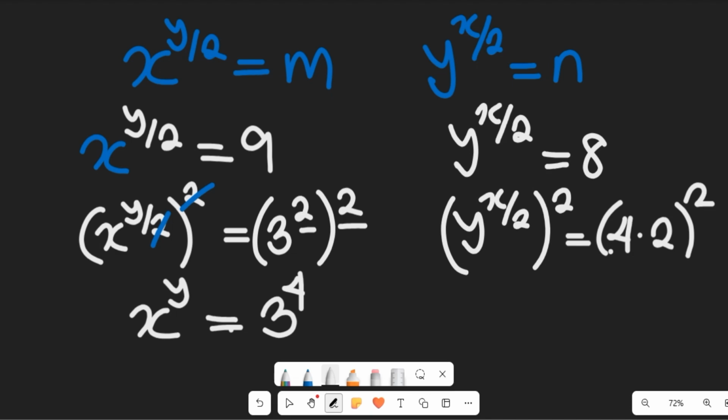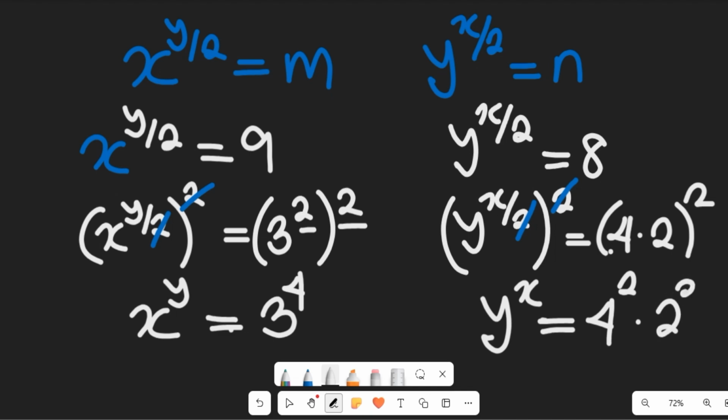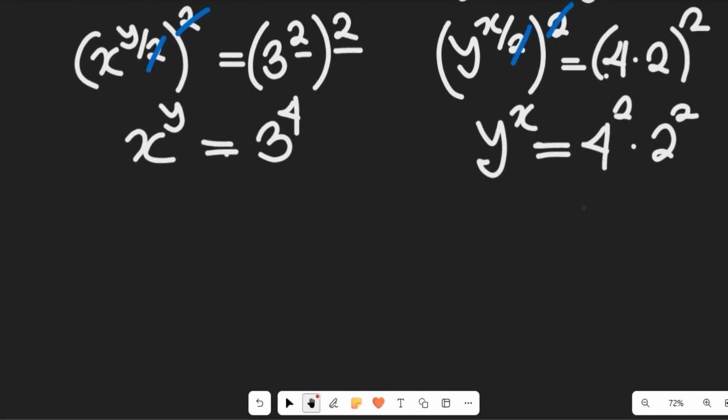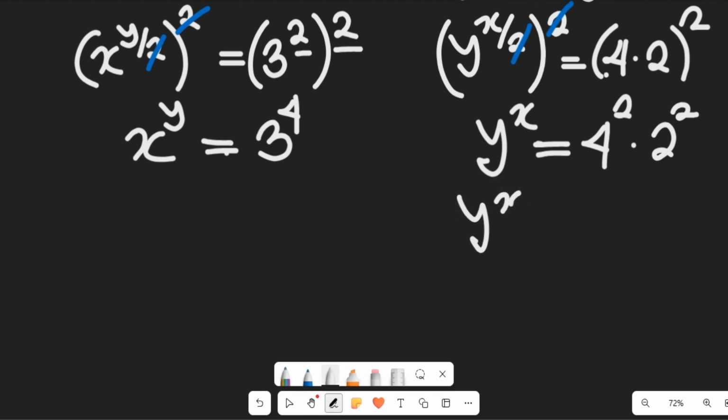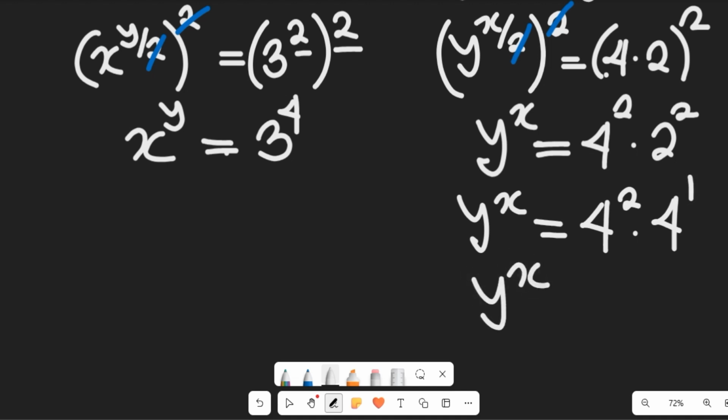Now if you simplify, this will simply cut out this, and then we'll have y to the power of x to be equal to 4 squared multiplied by 2 squared. And hence, if we simplify that, we are simply going to have y to the power of x to be equal to 4 squared multiplied by 4 to the power of 1. And hence, y to the power of x will be equal to 4 to the power of 3.